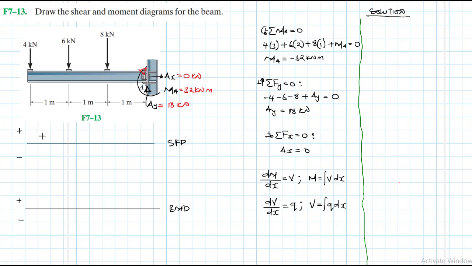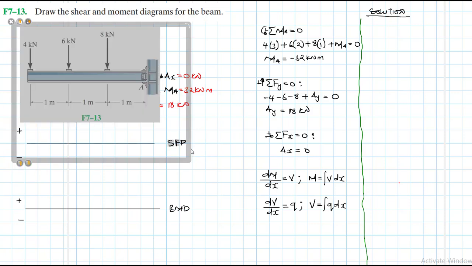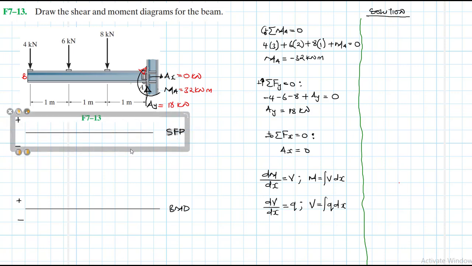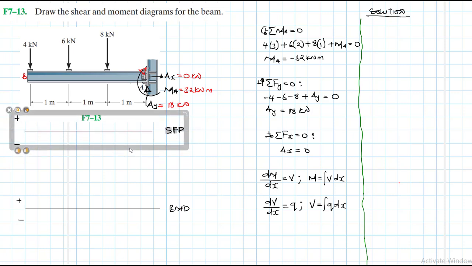So what do we have at this point? We've got shear at this end. Let's call this end B. Okay, so I move this a little bit up, maybe up to there. Great.